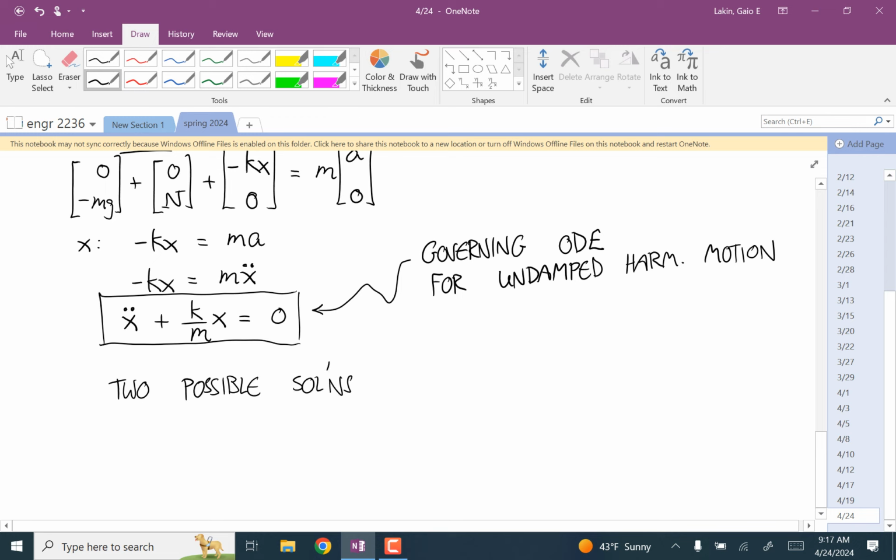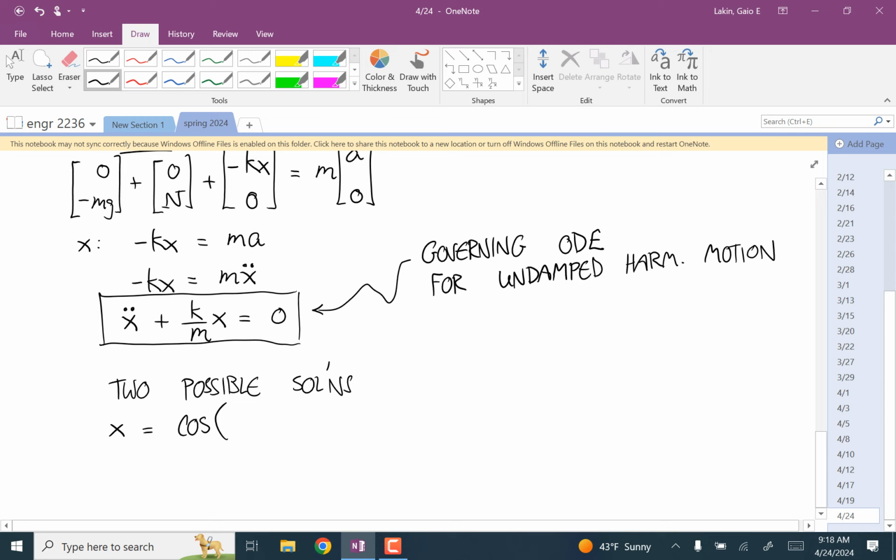One is cosine and one is sine. So x is equal to cosine of... we need x double prime to be equal to negative kx over m.